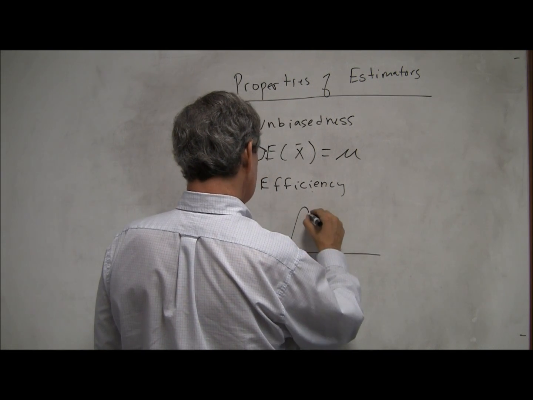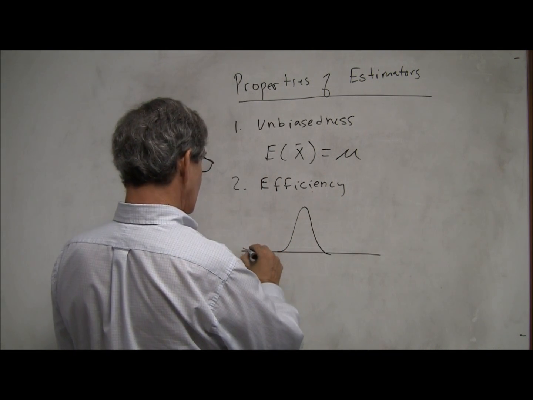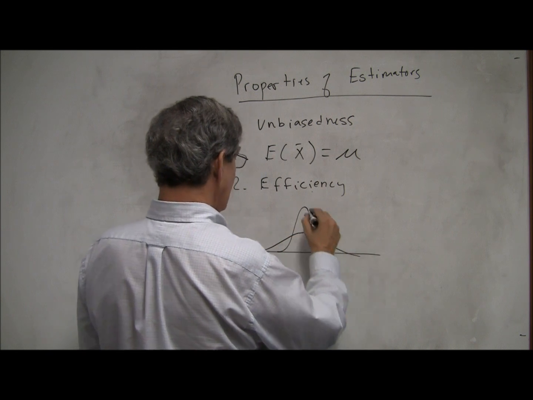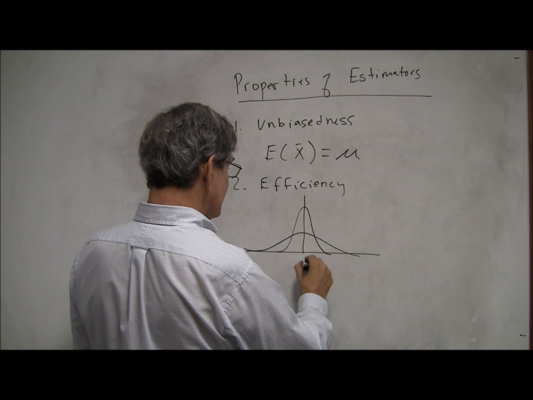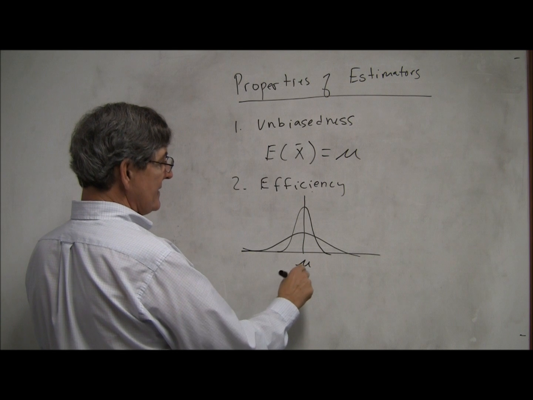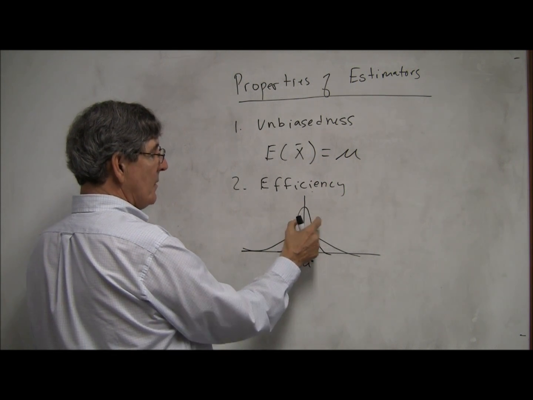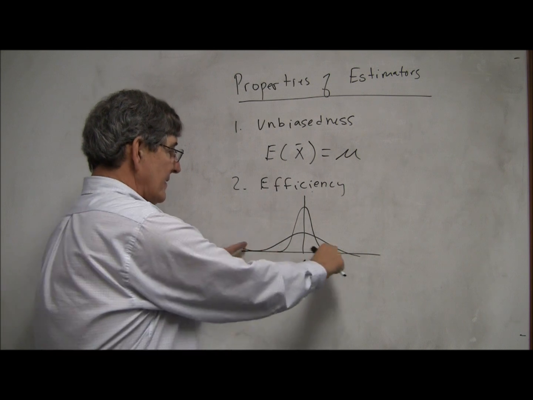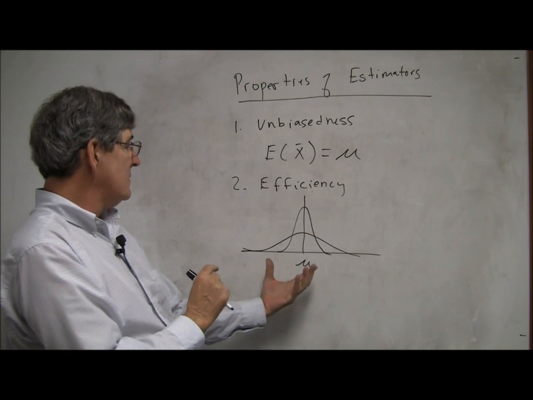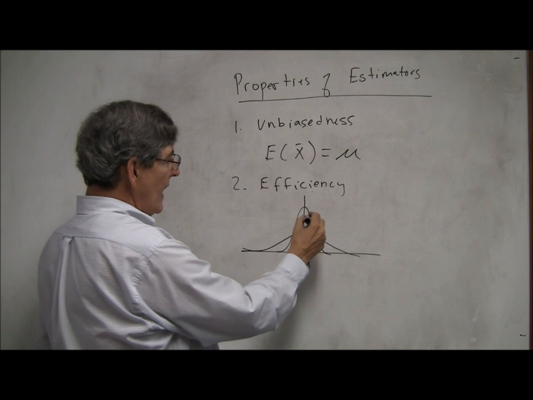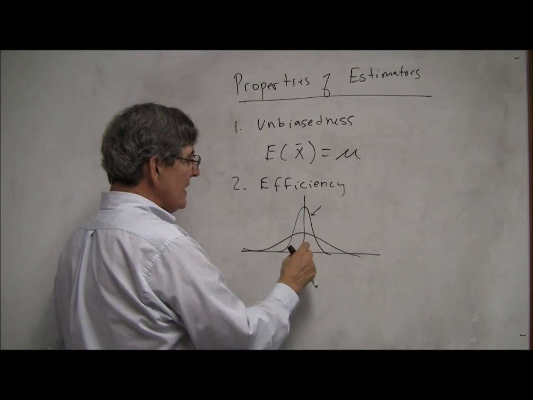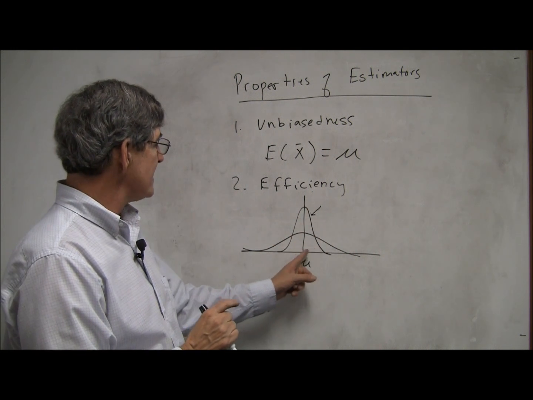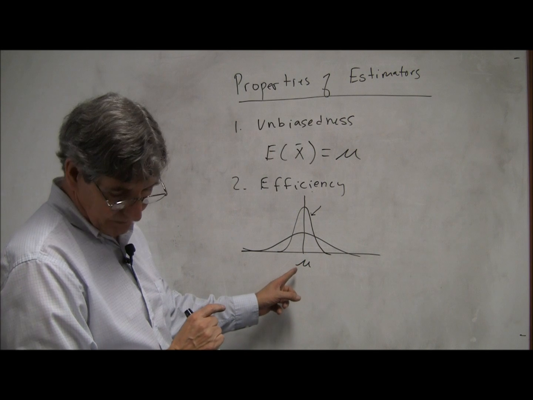I want a really narrow distribution, and I want a really flat one, and I want them both to be unbiased. So both of these are unbiased. But this one has a much smaller variance than this one. On average, this is a lot closer than this one. Which of those 2 estimators would I prefer? Well, I'd prefer this one because, in any given draw, it's likely to be closer to the truth.